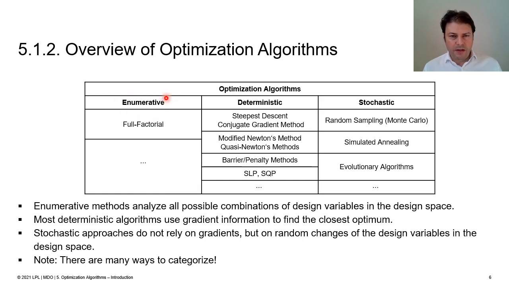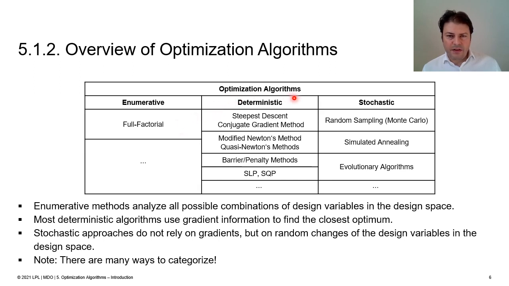One of them would be what you can call enumerative, which says that you systematically try to cover all possible combinations of design variable values in the design space. That can become pretty expensive, and one name associated with this kind of approach would be full factorial, that we talked about in design space exploration. They're not so interesting for us, that's why I'm not going to go deeper into this.